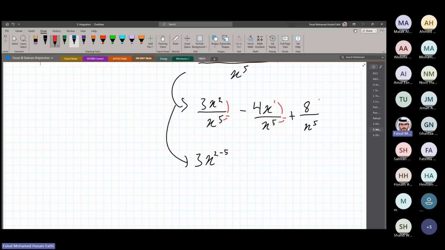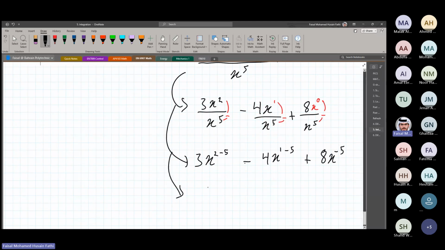Same thing here, 0 x power 0 minus 5. And simply, this is just x minus 5, which goes up. So this is 3x^(2 minus 5) minus 4x^(1 minus 5) plus 8x^(0 minus 5).